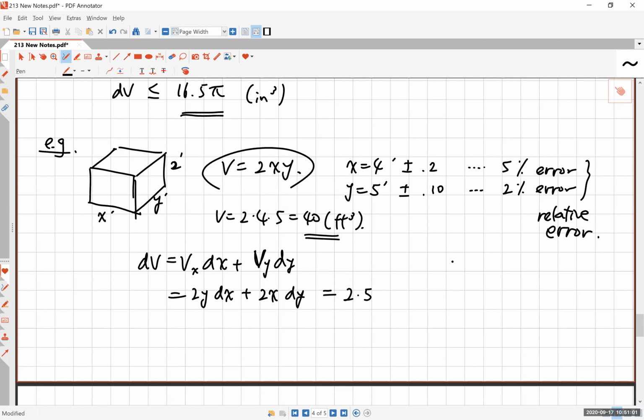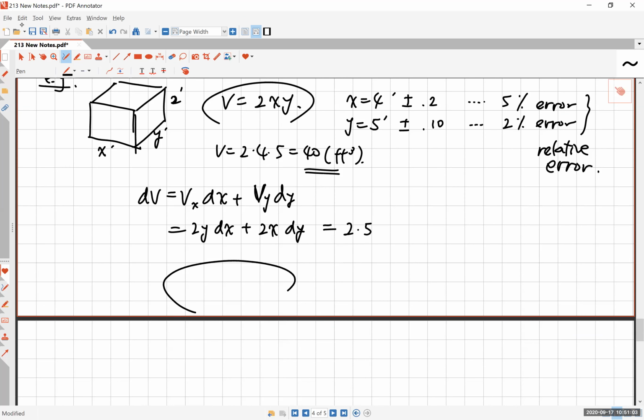I'm going to write something down here, so don't put anything down here. It's 2 times 5 times dx, and dx could be plus or minus 0.2, right?